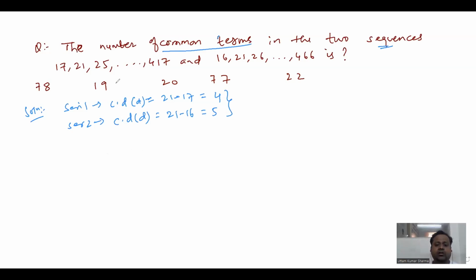Now, you need to observe which is the first term that is common in both. So let's understand this question step by step. Even a beginner who does not know AP, GP and formulas can solve this question. The first step is that you need to identify the first common term between the series.